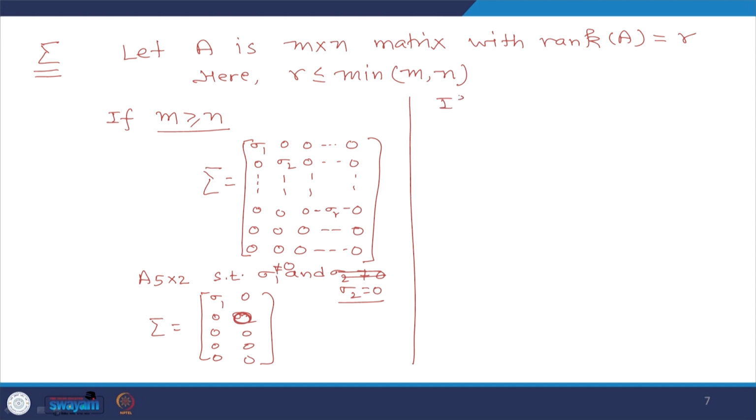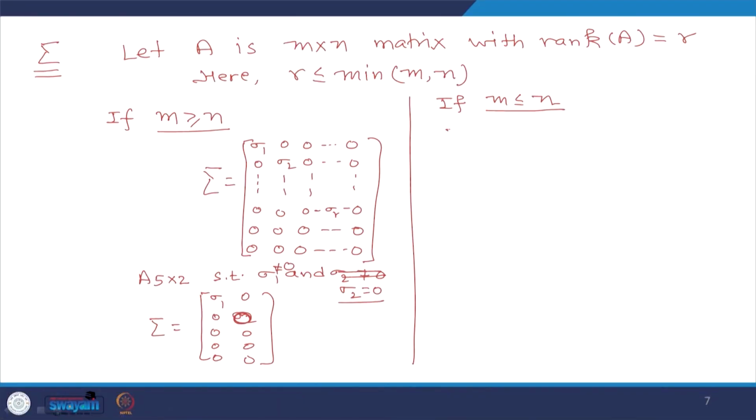Similarly, if m is less than n, meaning you have more columns in A compared to the number of rows, in this case we will have a fat matrix sigma, meaning more columns compared to the number of rows. So, for example, if you take m equals 3 and n equals 5.